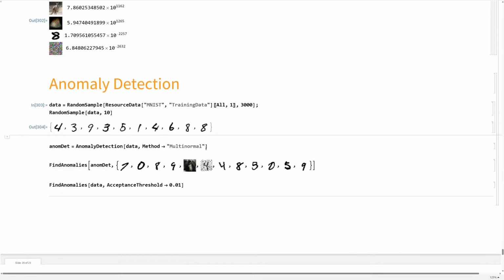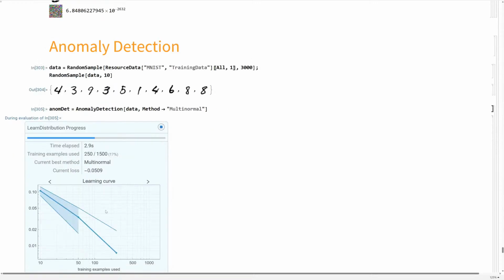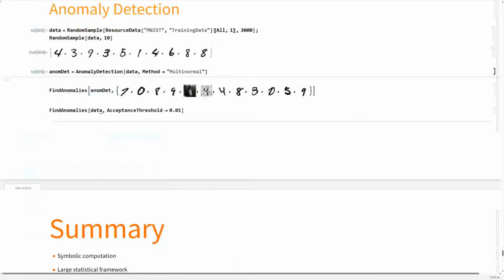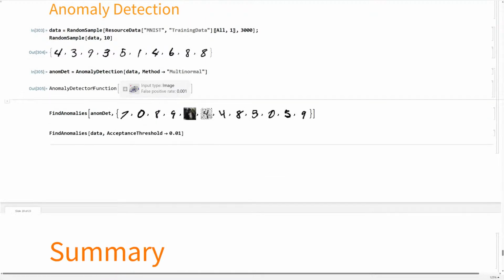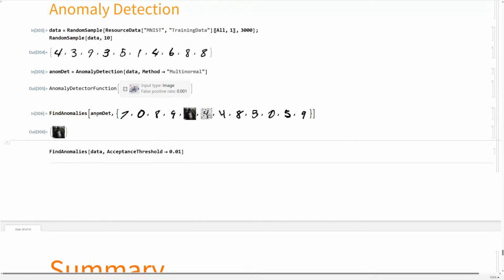So we're training this anomaly detection model here, and it gave us the anomaly detector function, which is our model. And now we want to find the anomalies using this detector function, and then look at this data.